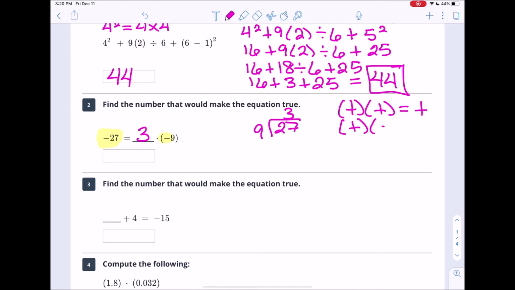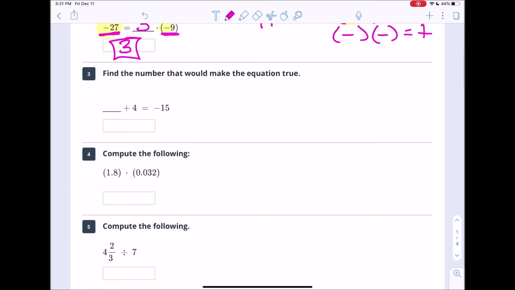A positive times a negative equals a negative. And a negative times a negative equals a positive. All right, so if the answer is negative and the 9 is negative, then that means we're looking at this scenario. And if the 9 is the negative number, that means that 3 has to be positive. So it's going to be a positive 3. Okay?